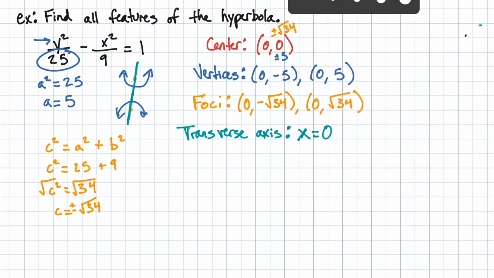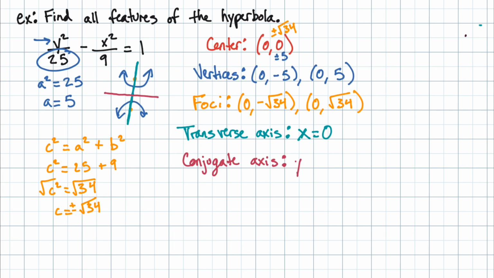And that means our conjugate axis is going to be the other one going this way. That's a horizontal line, and that's at y equals 0. Okay, that's all, I believe, for each part.